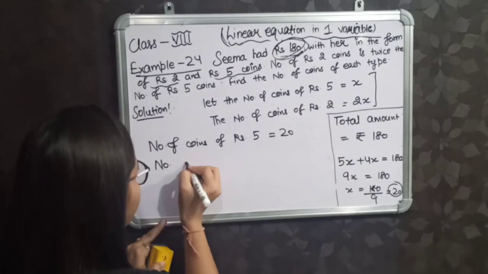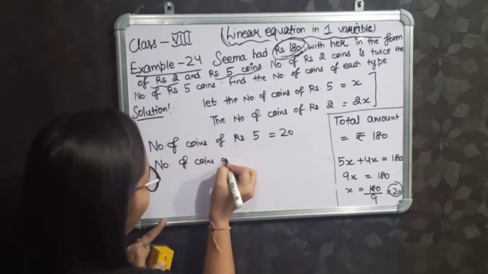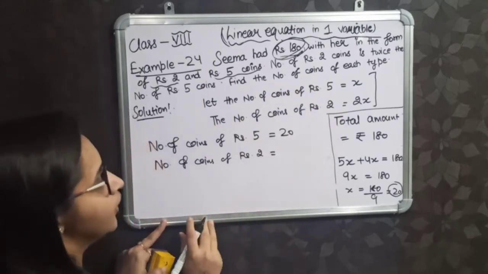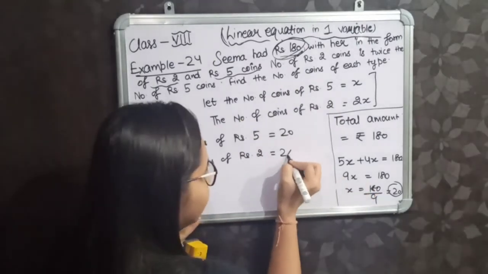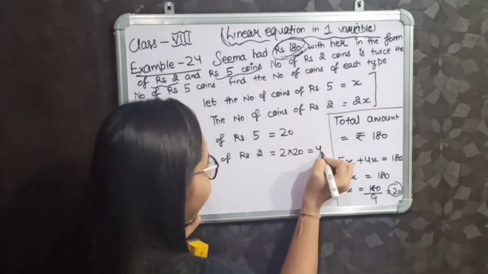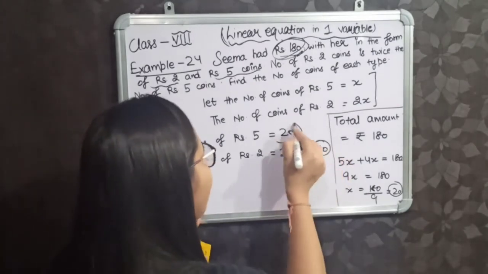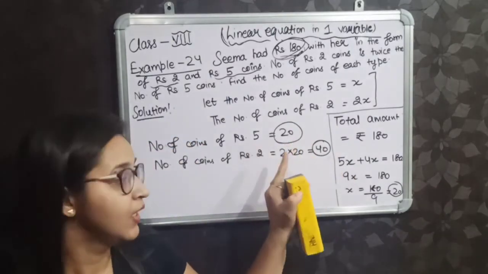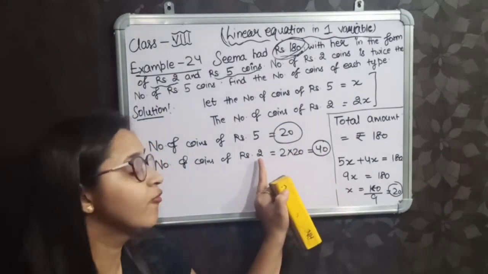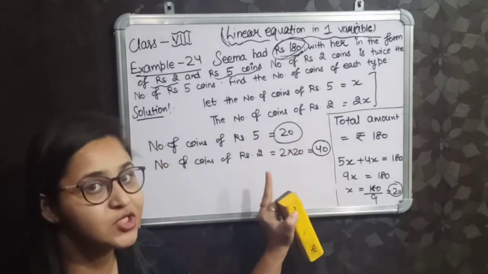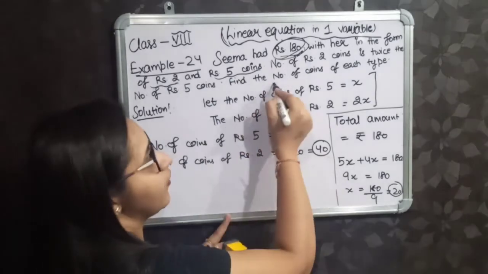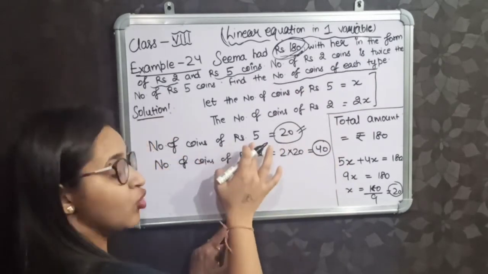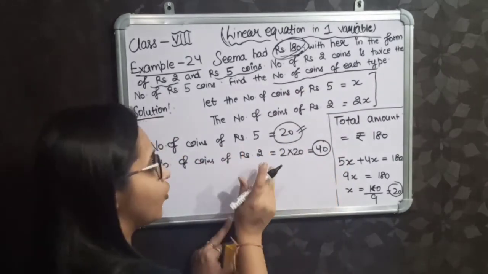And the number of coins of rupees 2 was 2X, and 2X means 2 multiplied by 20. It will give you 40. So it means you have 20 coins of rupees 5 and 40 coins of rupees 2. Okay, this is your answer. Why? Because you have to find the number of coins of each type. So 20 is the number of coins of rupees 5 and 40 is the number of coins of rupees 2.